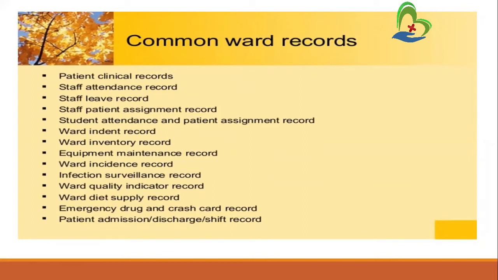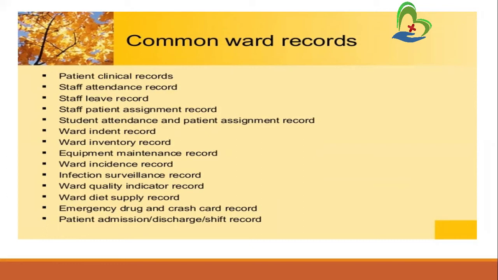Okay, so patient clinical record, then staff attendance record, meaning how many staff are present in the morning shift, how many in the evening and night time. So the attendance record of the staff is maintained, and the leave record of the staff is also maintained on the hospital side.